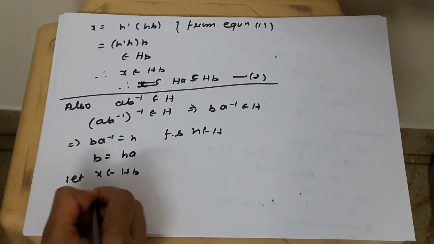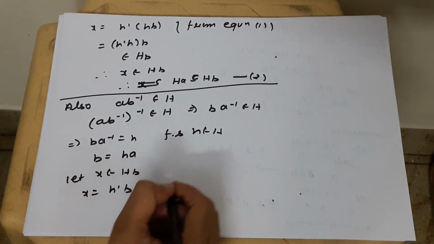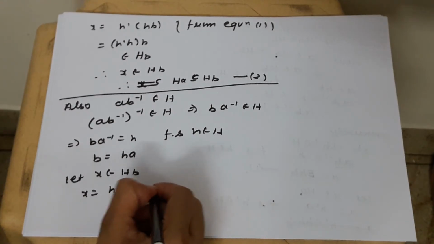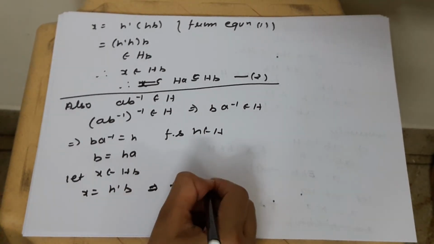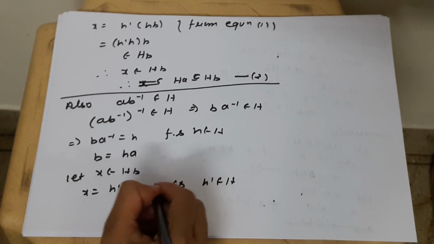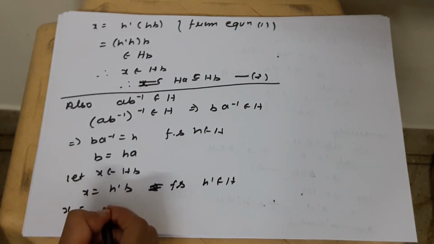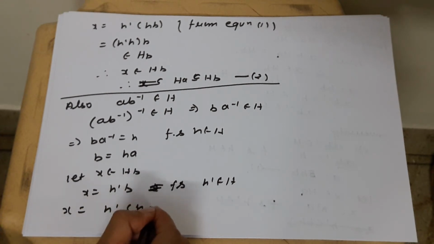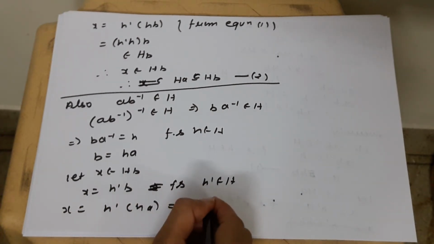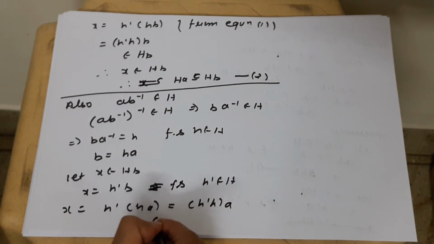So x is equal to h dash b for some h dash belongs to H. Now x is equal to h dash ha, which belongs to Ha.